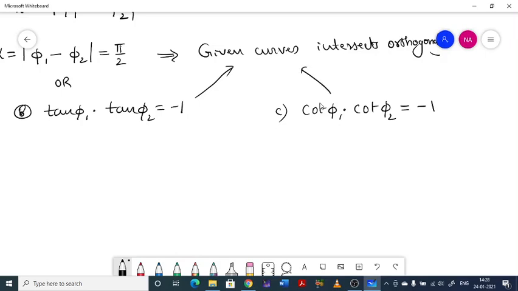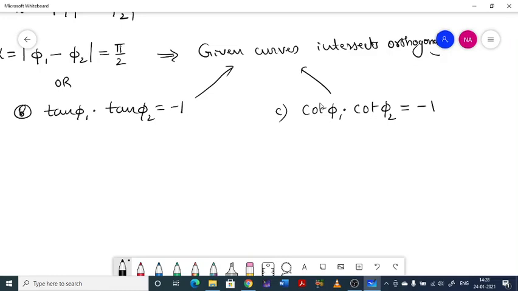So to show that a given pair of curves intersect orthogonally, either you can prove that alpha equal to pi by 2, or tan phi 1 into tan phi 2 equal to minus 1, or cot phi 1 into cot phi 2 equal to minus 1. You can use any one of these three conditions.